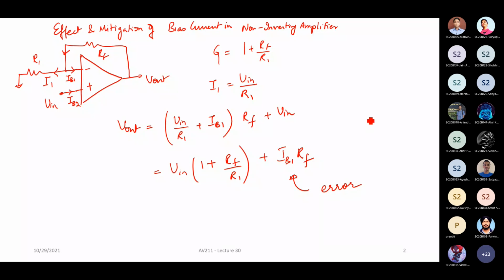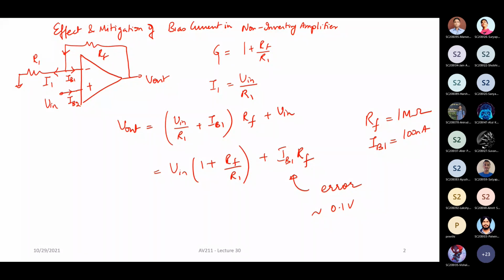So for example, let us say you're putting your feedback resistor at 1 megaohm, and let's say your IB1 is roughly 100 nanoampere. How much is the error that is going to be there? 10 raised to minus 7 into 10 raised to plus 6. So you're going to have 0.1 volt error.